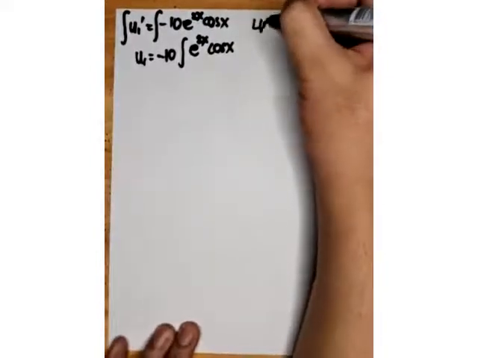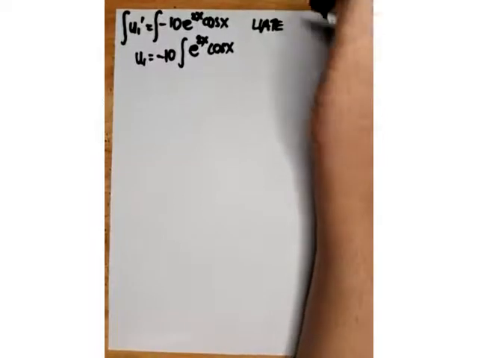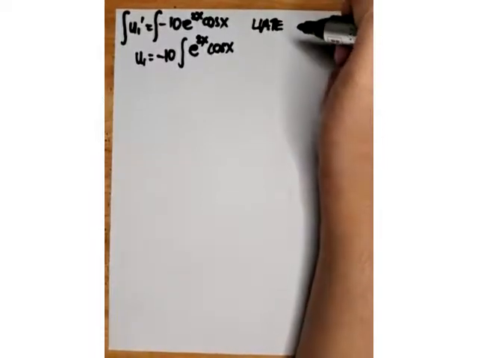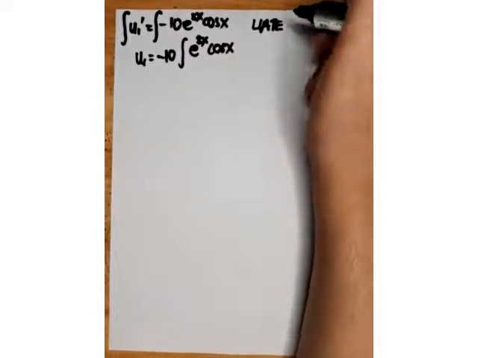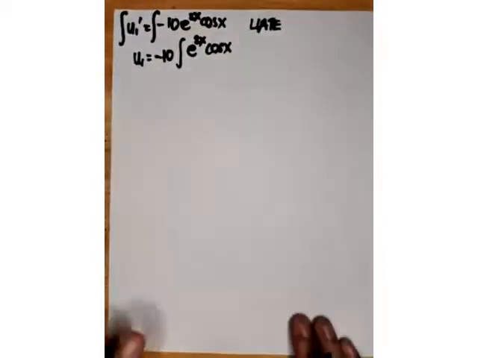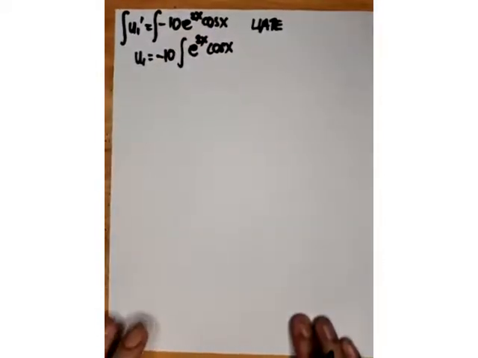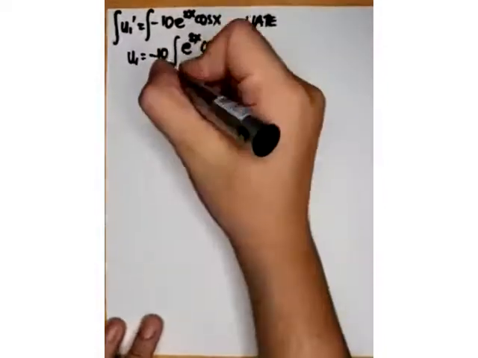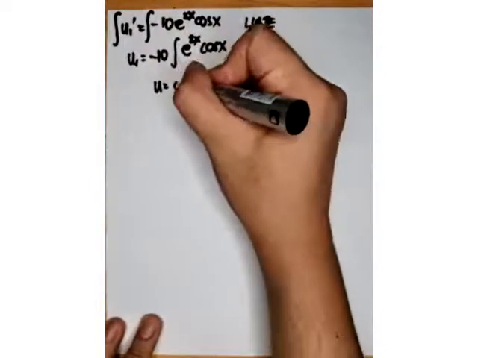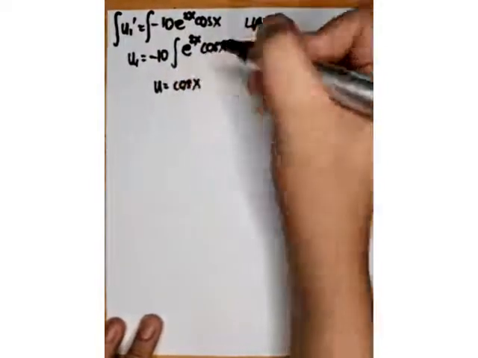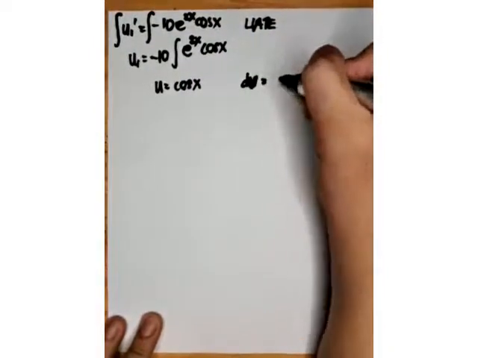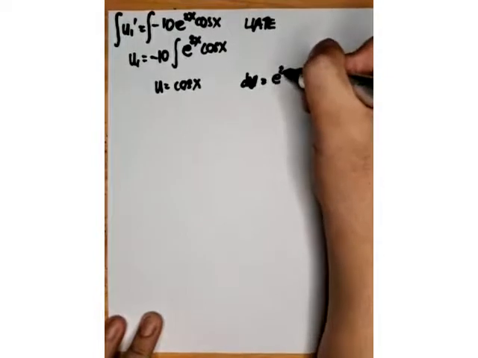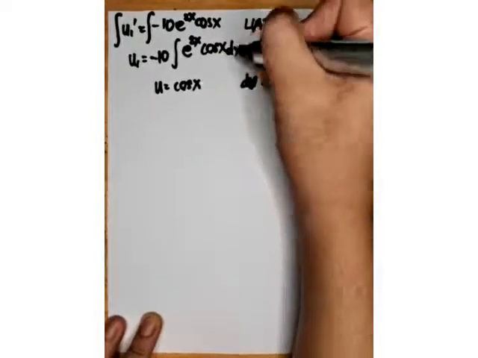Kung magliliyate tayo, wala tayong choice kundi magba-by parts. Ang magiging u natin ay I think it's cosine. Tama ba? Trigo and then exponential. So, ang u natin ay cosine x at ang dv natin ay e raised to 2x dx.